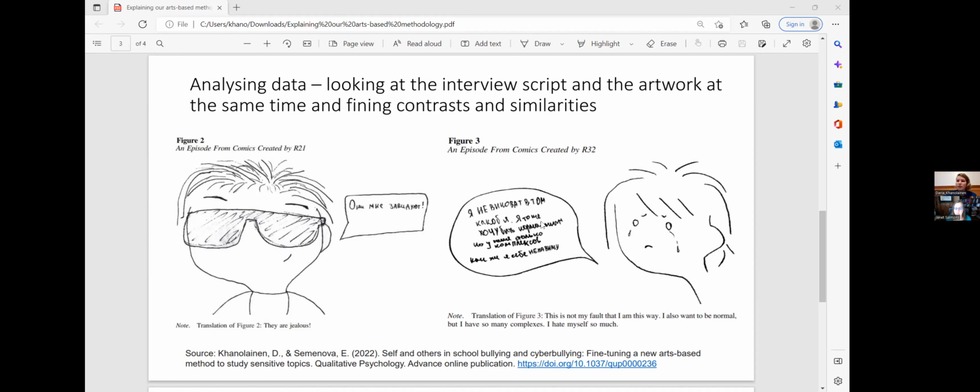Then at the end, when asked directly, have you ever been bullied, they would say, no, that never happens in our school, clearly communicating a very different definition of bullying.